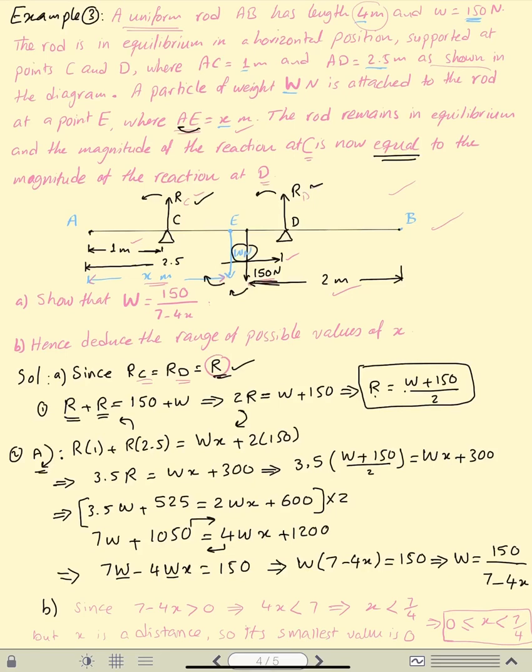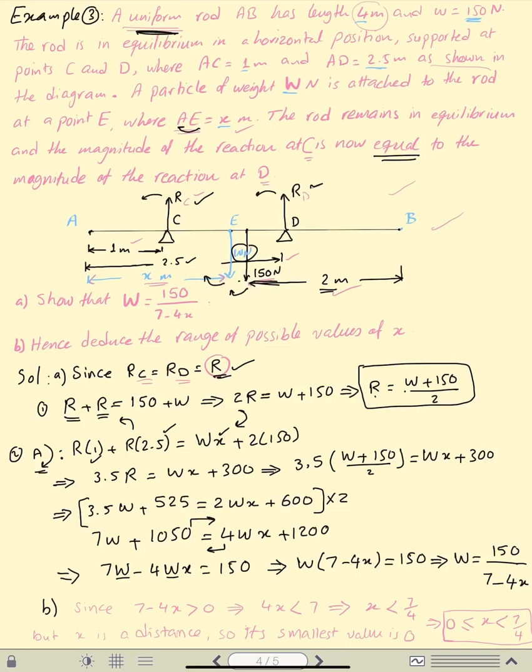R from R to A is 1, so R times 1 meter plus R times 2.5 meters is equal to W, which he said at E from A is X. Because of this he helped us. If he doesn't say, you have to do this like we did in the previous example. So W times X, to write easy and simple steps, plus 150 newtons in the middle, because it's uniform, times 2, times 2.